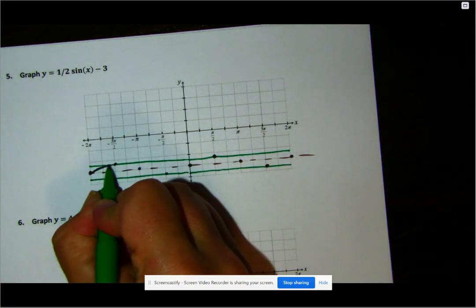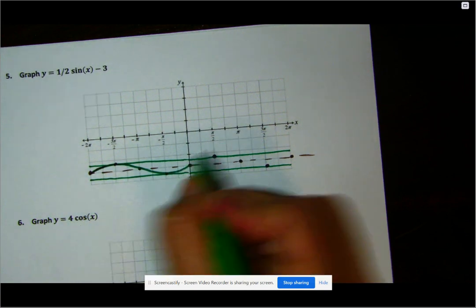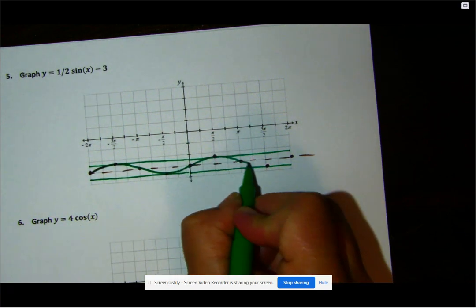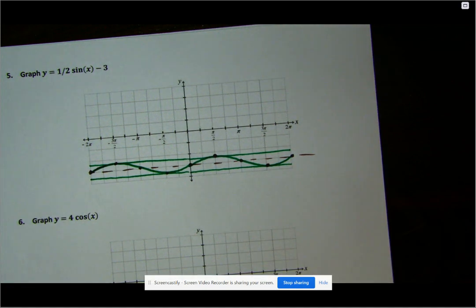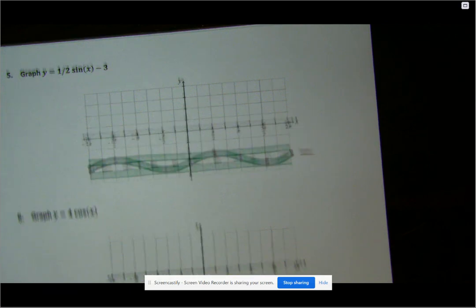Consistent, be green. Okay, this looks stretched out, but that's because it's squatty. Okay, all right, next one.